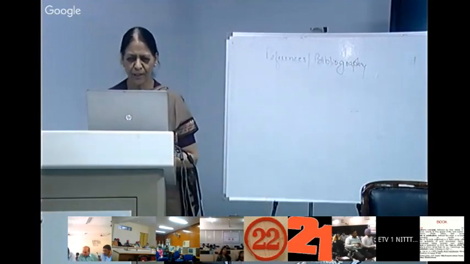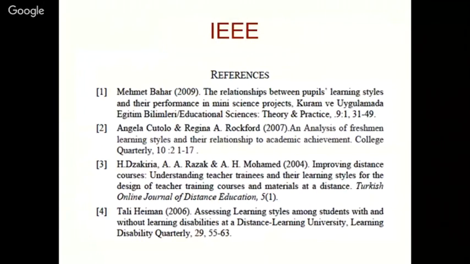I would simply say that in the IEEE pattern of giving references, in the text you are quoting number 1, number 2, number 3. In social sciences, normally the references are arranged in alphabetical order, but in sciences, it is primarily the reference number. Whichever reference appears first in the text comes as reference number 1.